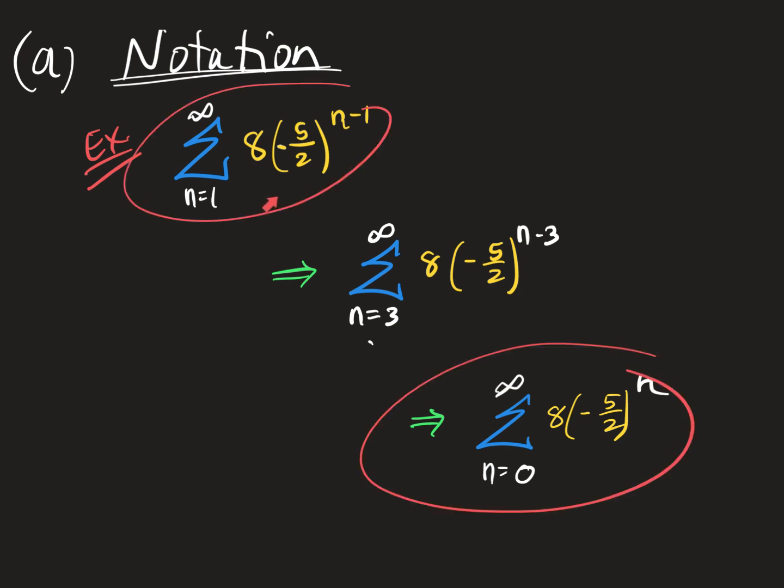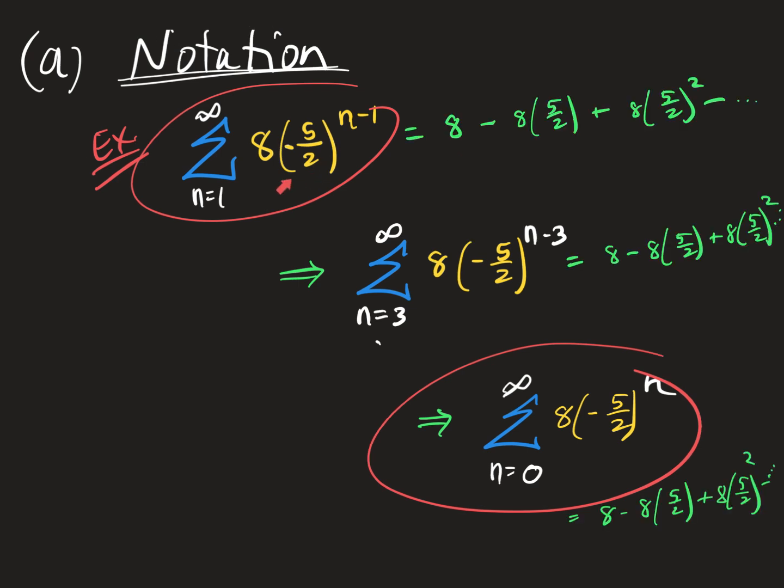So for these geometric series, we can write them with an index of 1 or 0 or 3 or whatever we want. And sometimes people choose to do that, so the exponent here is just plain old n as opposed to n minus 1. But they're all the same, and we can show that by expanding. Starting with 1 or 3 or 0, when you expand these, you get the exact same set of terms.